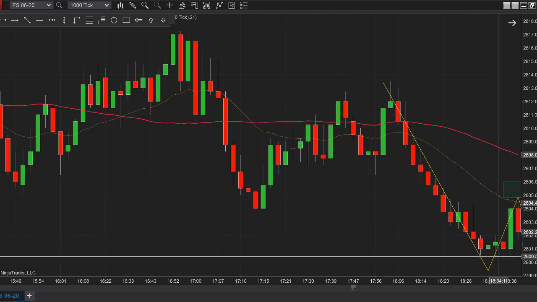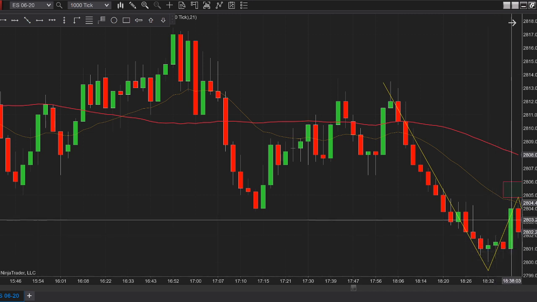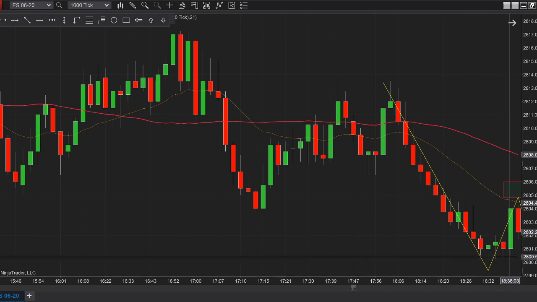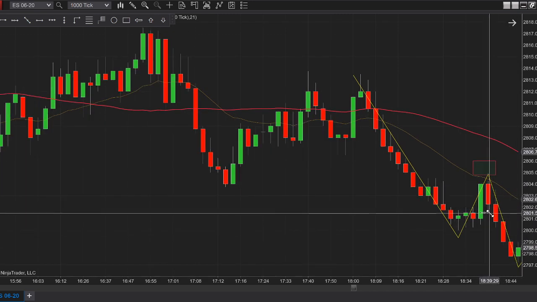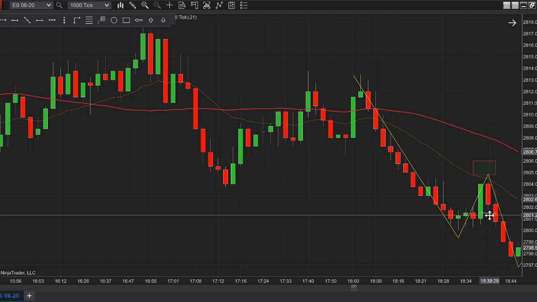No. But each time it does this retrace, I want to put my sell below this candle. So here the trade is not executed. If I put my sell below this candle, on the next one we can see that it triggers, because this candle is lower than this, so I would have entered the short.